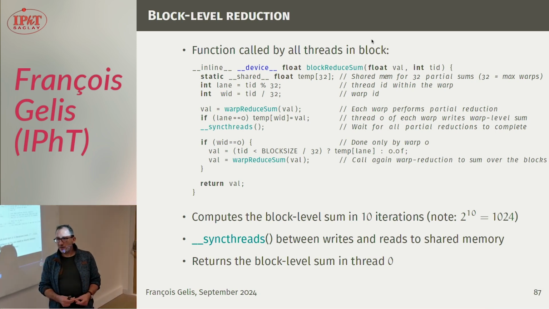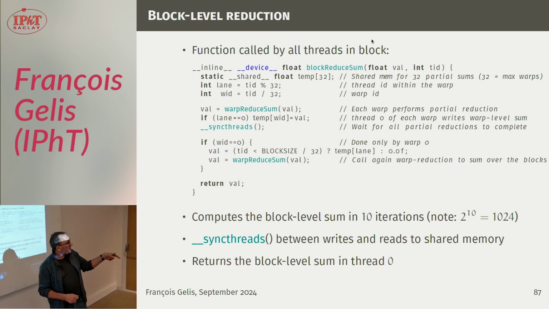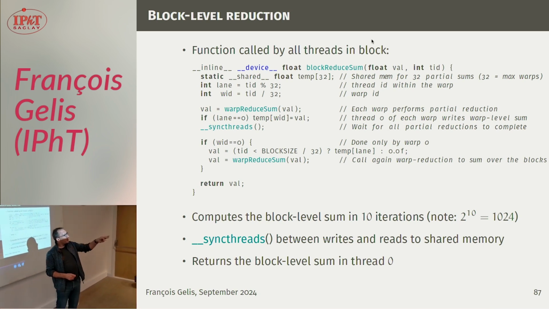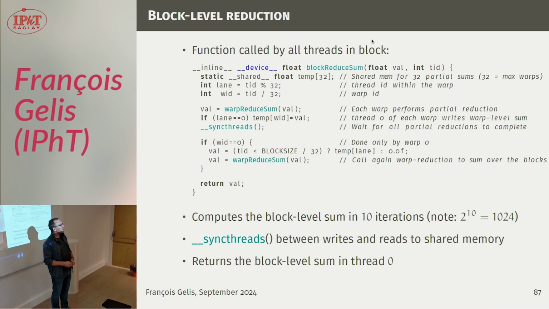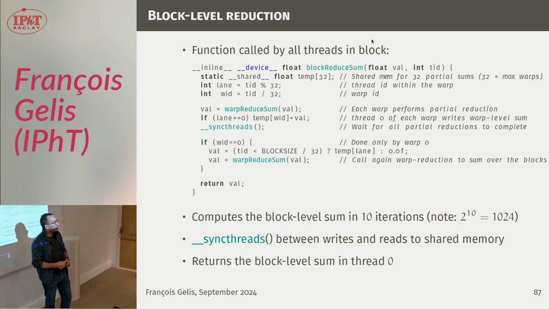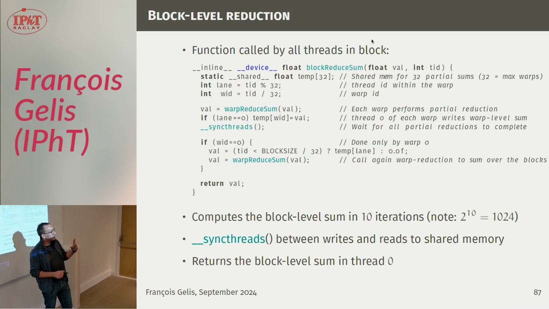Let's say you have vector blocks. So here, at least you will have to rethink a little bit the details. The logic will be the same, but you will have to rethink a little bit. So here, they are designed to work when you have one thread per entry of the array.